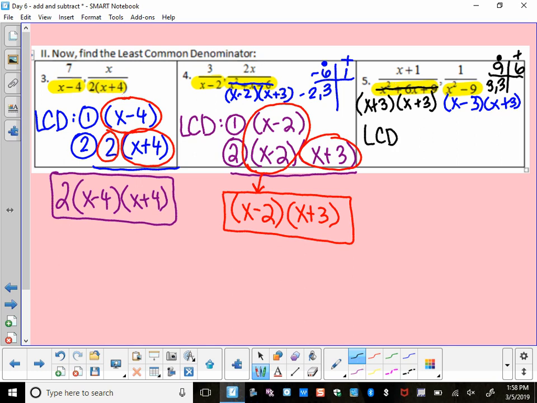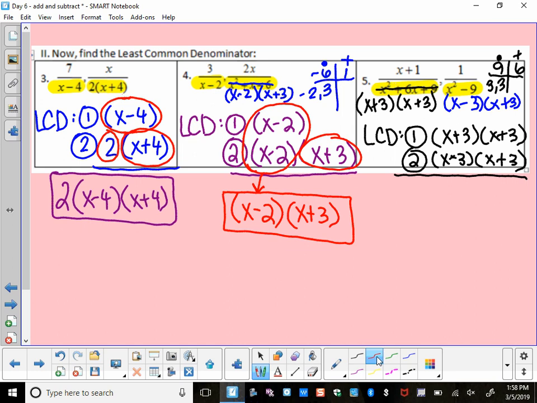So, for my LCD, the denominator of my first fraction is x plus 3, x plus 3. And on the second, I have x minus 3, x plus 3. What could be my LCD from top to bottom? Do I have any pairs? Yep. Which one? X plus 3.